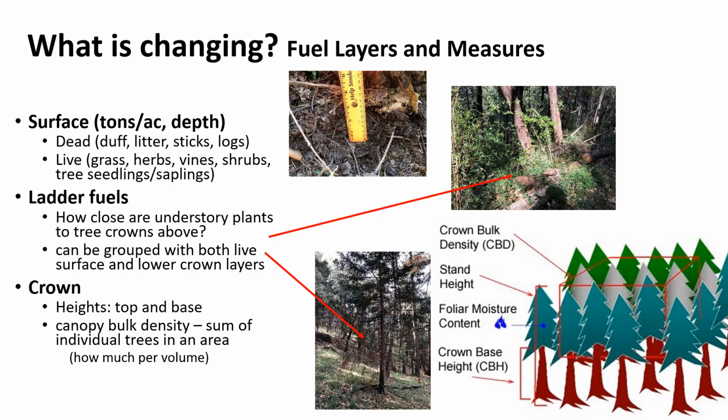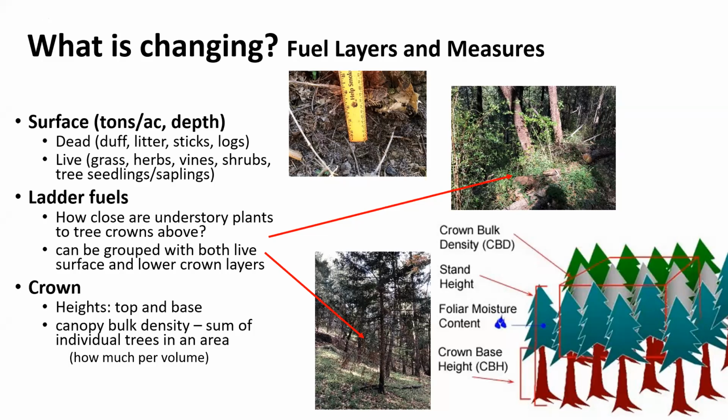How close are the understory plants or those fuels to the tree crowns above? And sometimes plants like shrubs or even vines or small trees that are classified as surface live fuels also are categorized as ladder fuels because they just go from one to the other.